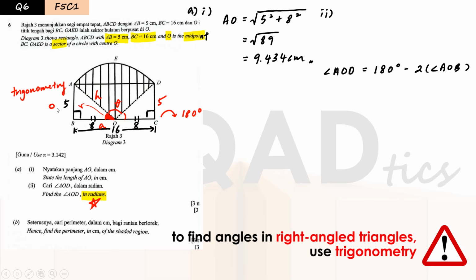Okay, so O and A. So O and A is actually tan, right? Because tan is opposite divided by the adjacent. Okay, so if you want to find out tan of this angle, which is tan AOB, it would be opposite, which is 5, divided by the adjacent, which is 8.